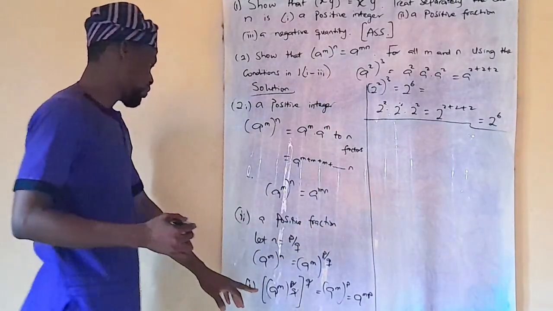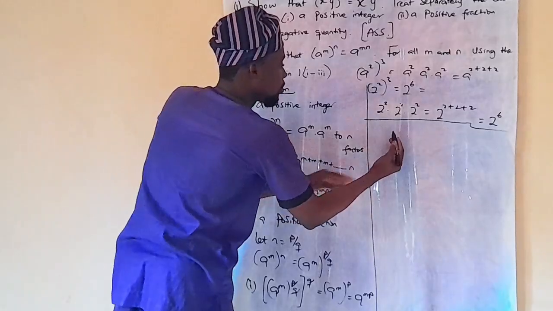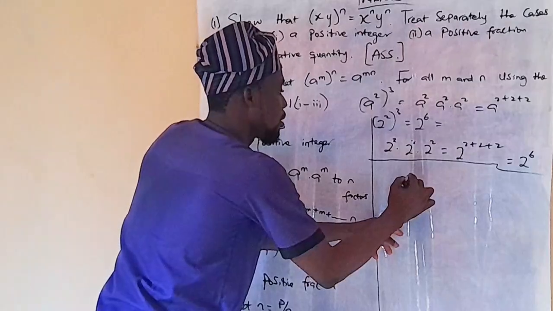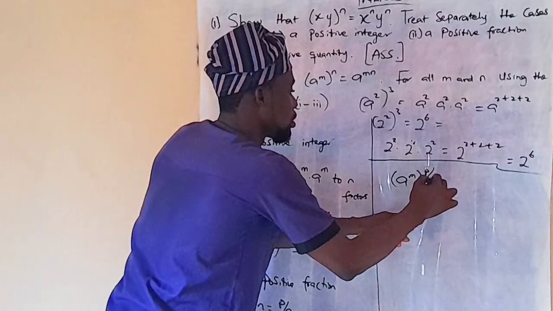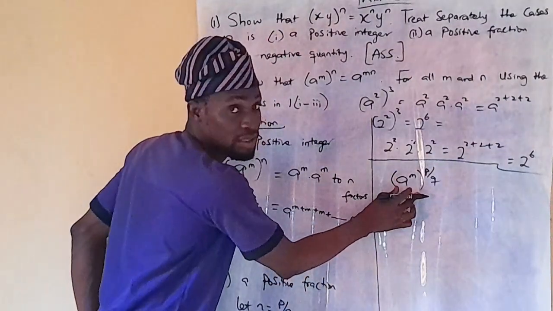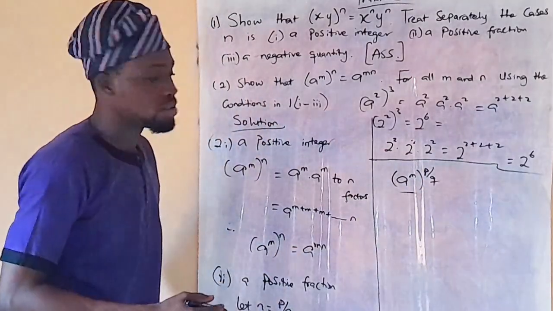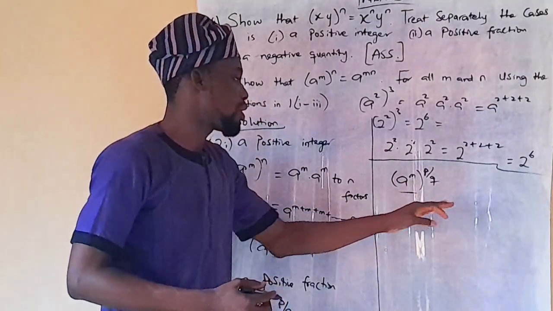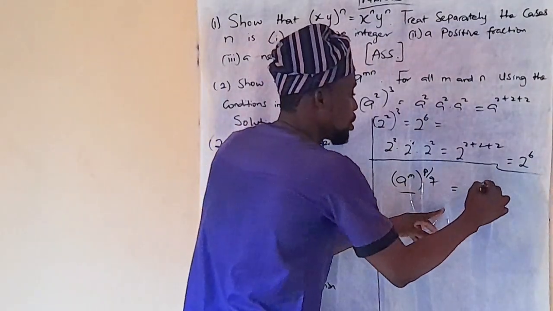To now solve from here, this initial expression, we see that if I have a base with a fraction as its power, let's consider the whole in this bracket as a base. If I have a base with a fraction as its power, what I will do is introduce my square root.